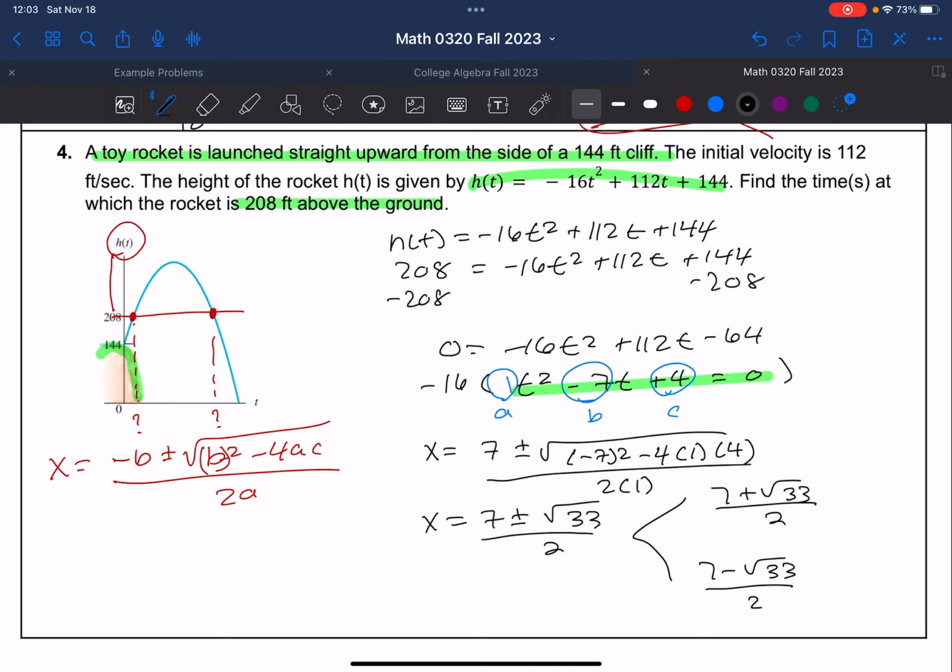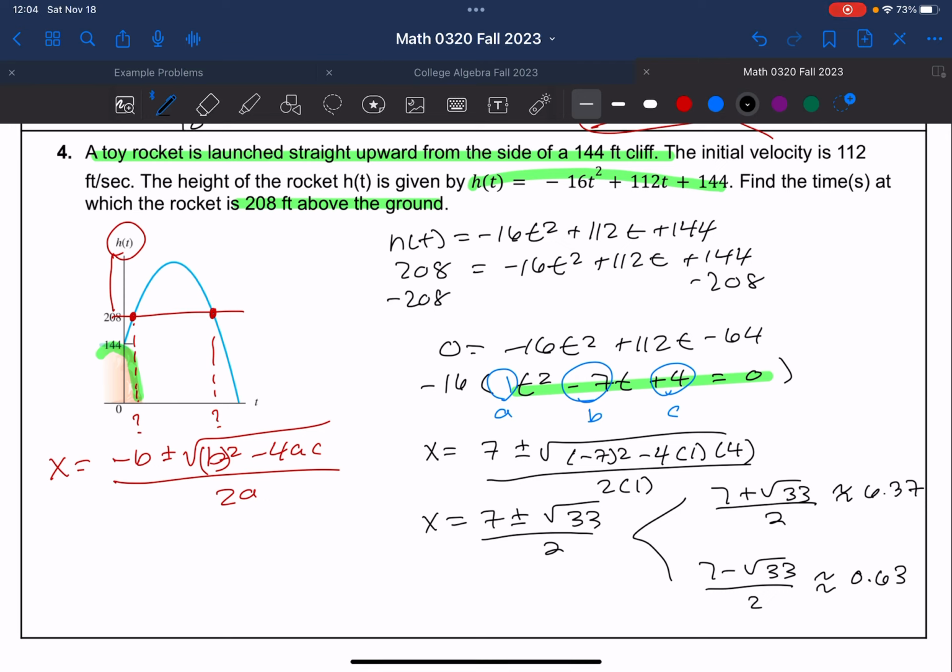Plugging that into my calculator, I get approximately 6.37 and approximately 0.63. So this tells me that at the first 0.63 seconds, I reached 208 feet, and then at 6.37 seconds, I reached the second distance of 208 feet.